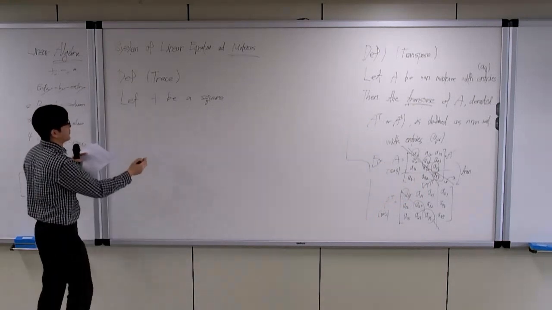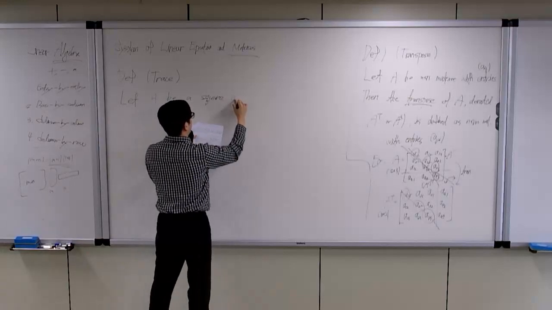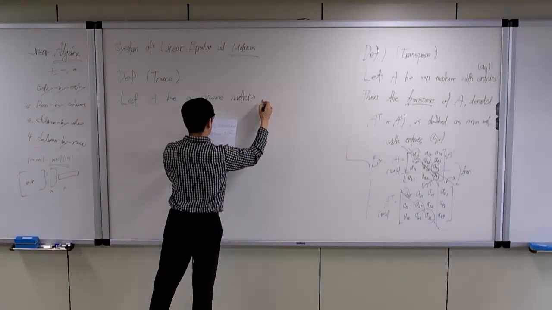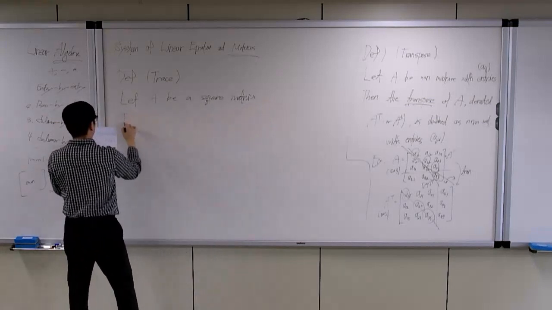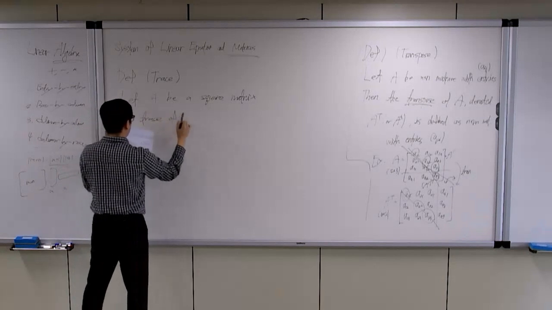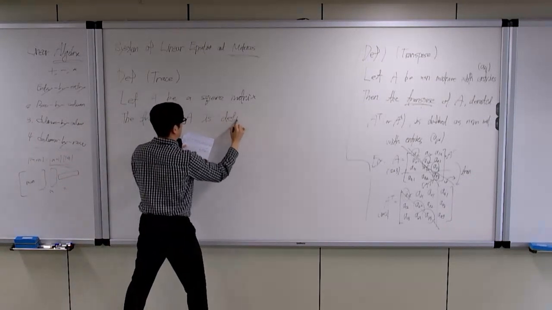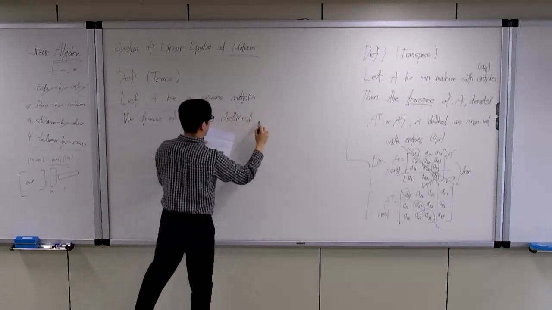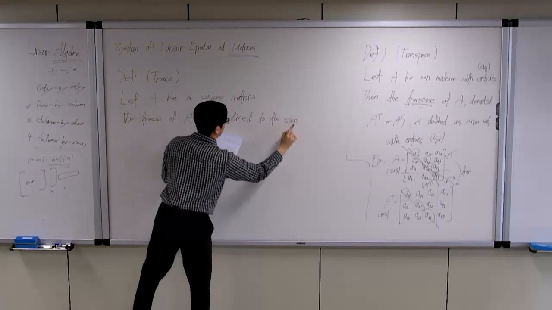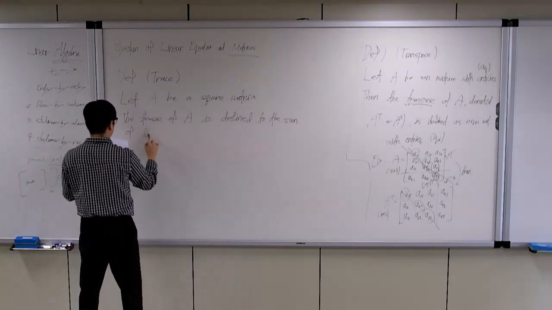So I will assume A is square. Then the trace of A is defined as the sum of diagonal entries.